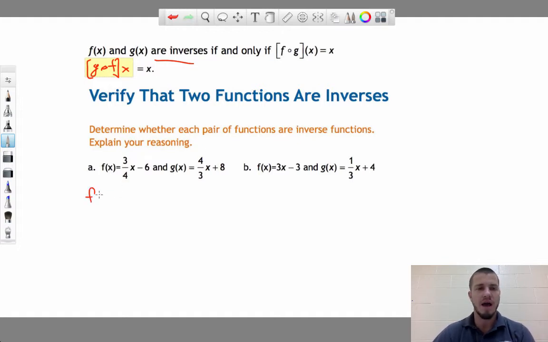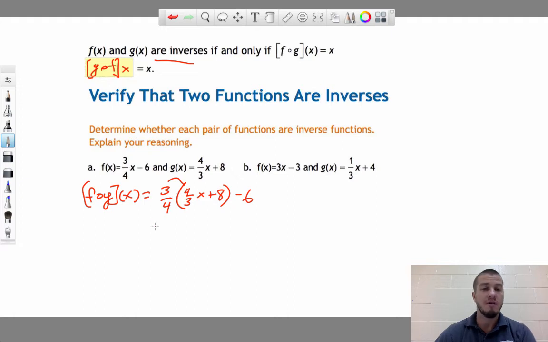So I'm going to try f of g, and I'm going to plug the g function into the f function. So I have 3/4 times, and I'm replacing this x with that g of x function, 4 over 3x plus 8, and then minus 6. So when I go to distribute this 3 over 4, that becomes 12 over 12, or they cross cancel like this, and that becomes 1x.